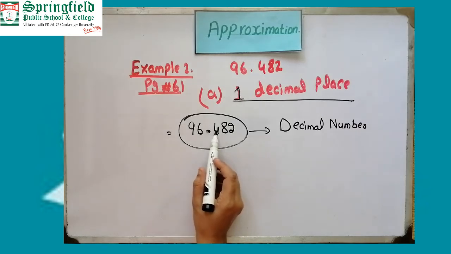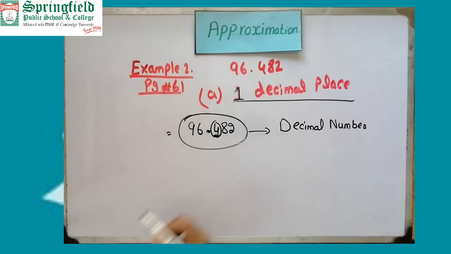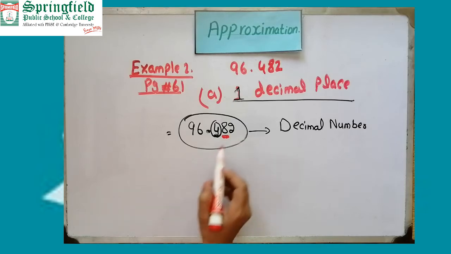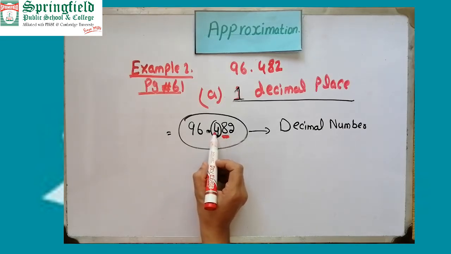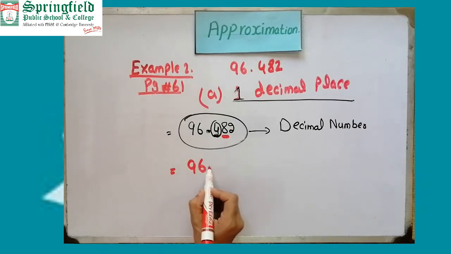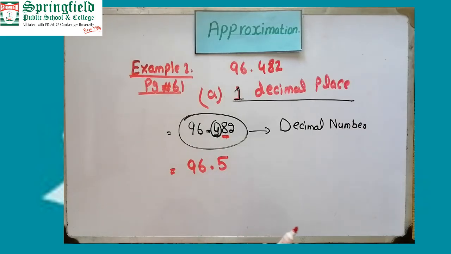So after the point, look at just 1 digit. This one is the 4. So circle this digit, and then we will see the next digit after the circled digit, and that digit is 8. Highlight it, and 8 is greater than 5. So what will we do? We will add 1 to the circled digit. So 96.4 will become 96.5, and then we will stop here.